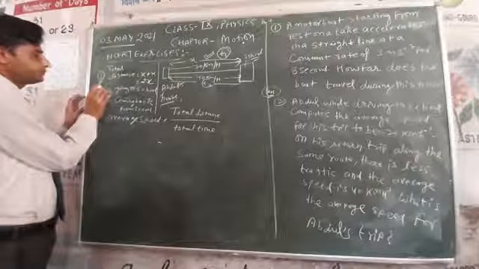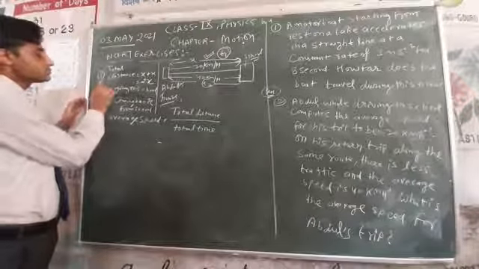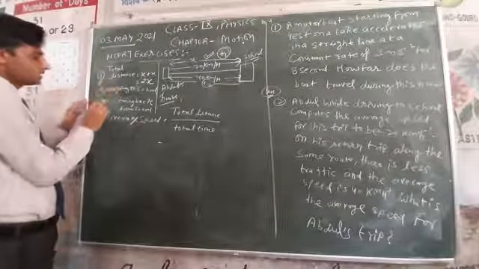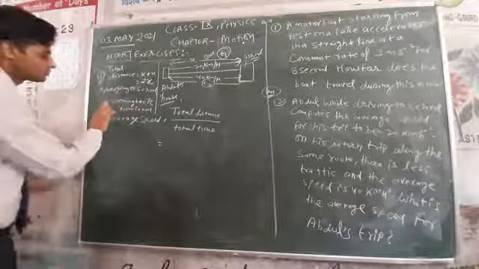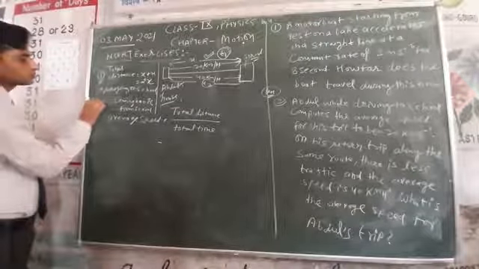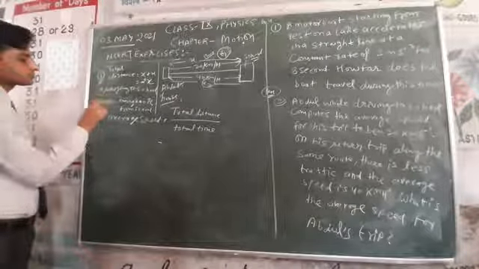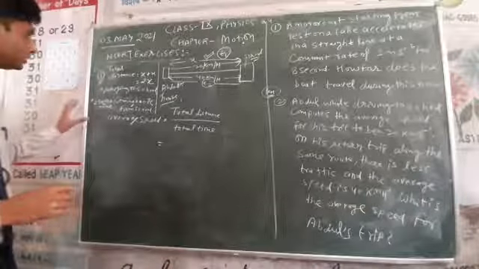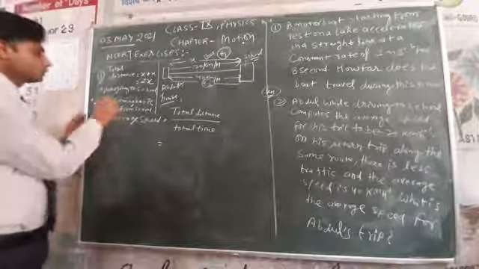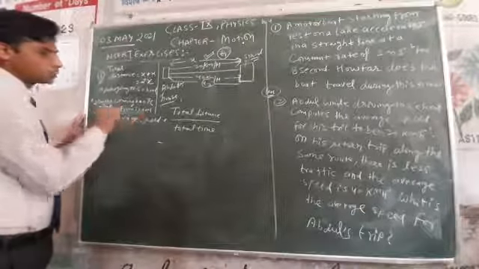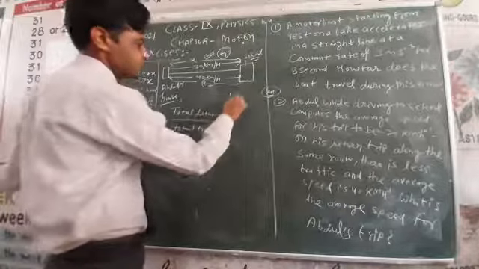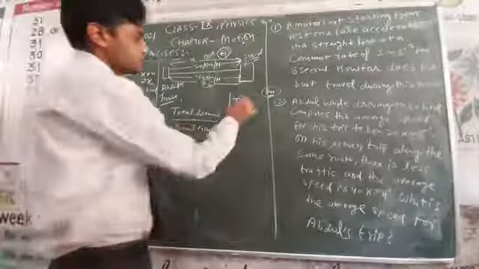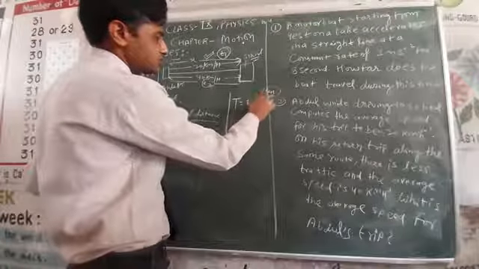So t1 is the time going to school, and t2 is the time coming back from school. Let the total time be t. So t equal to t1 plus t2.